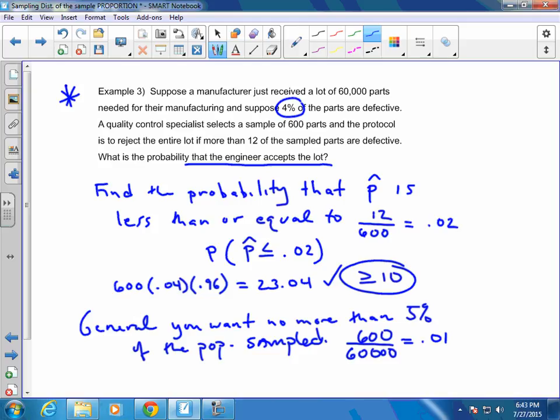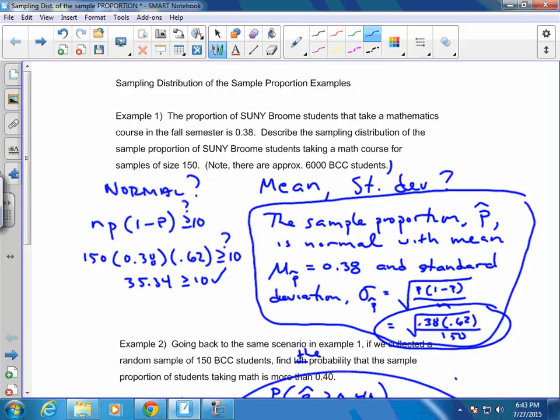So if you read through the text and you see the 5%, that's what they're talking about. They generally want to make sure that less than 5%, or 5% or fewer, of the population is being sampled. In the previous problem, where it says, note there are approximately 6,000 BCC students, they're probably telling us that because our sample size is 150.